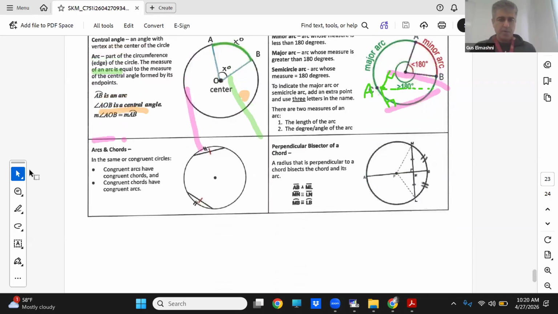Colette, can you read the part about arcs and chords? Yeah, so if I draw two chords, whatever arc it intercepts forms equal arcs. Naturally, that seems to make sense. And again, you could actually try proving it, and we'll get there when we have those discussions.